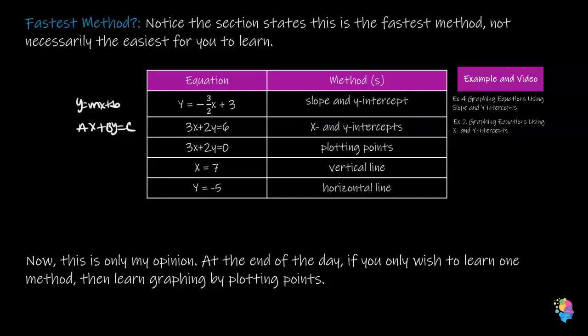Now, if your equation is in standard form, but this time it equals 0, then my recommendation is that you use the plotting points method. This one was example 3. Now don't forget to select x values that equal the coefficient of y to prevent getting any fractions or decimals.